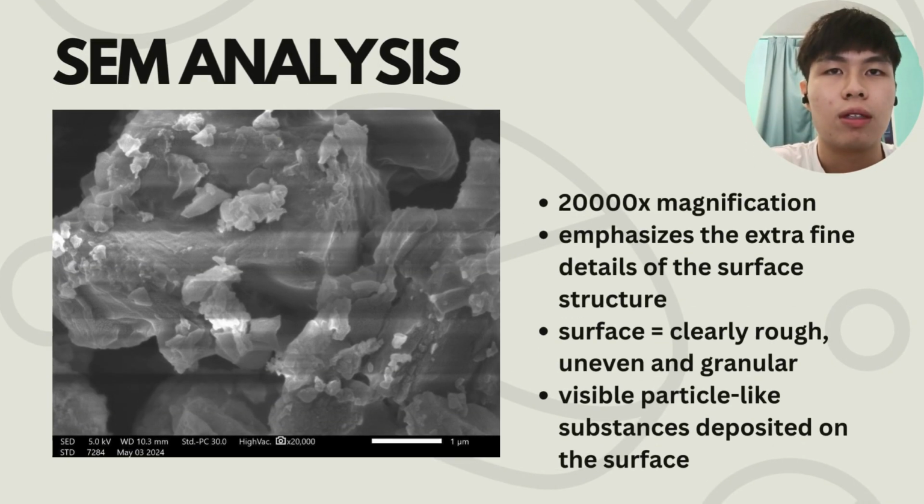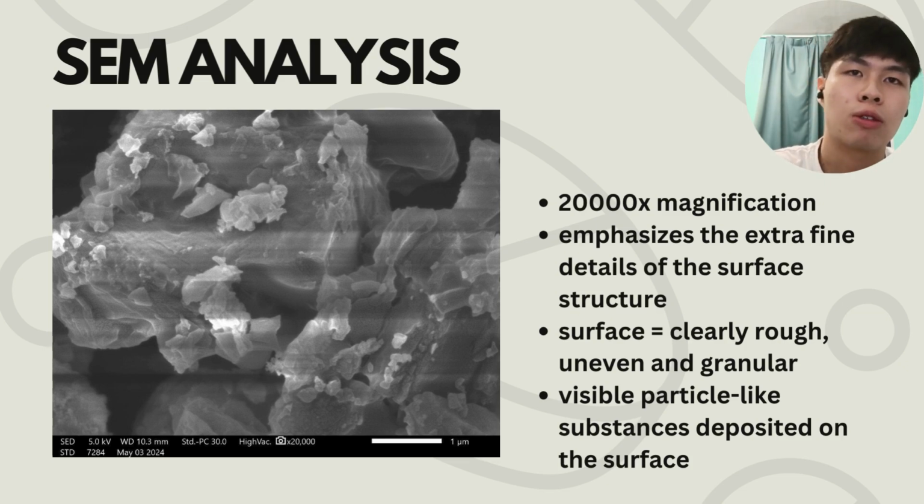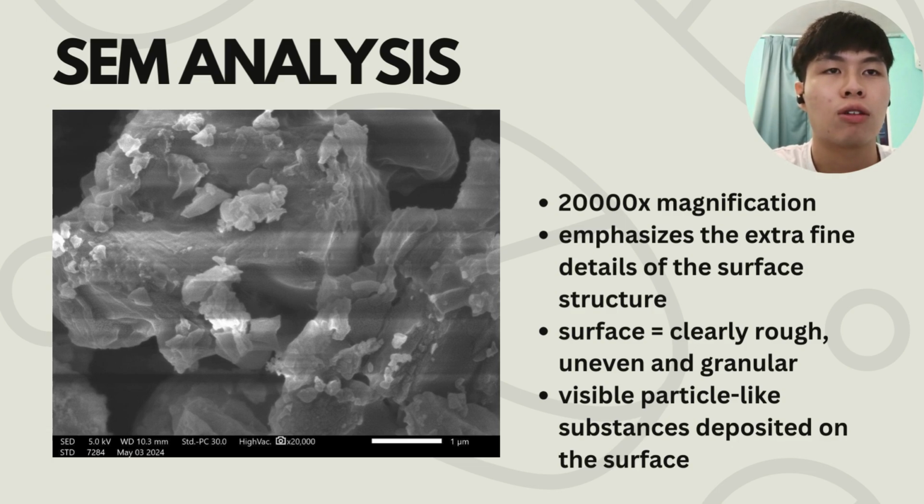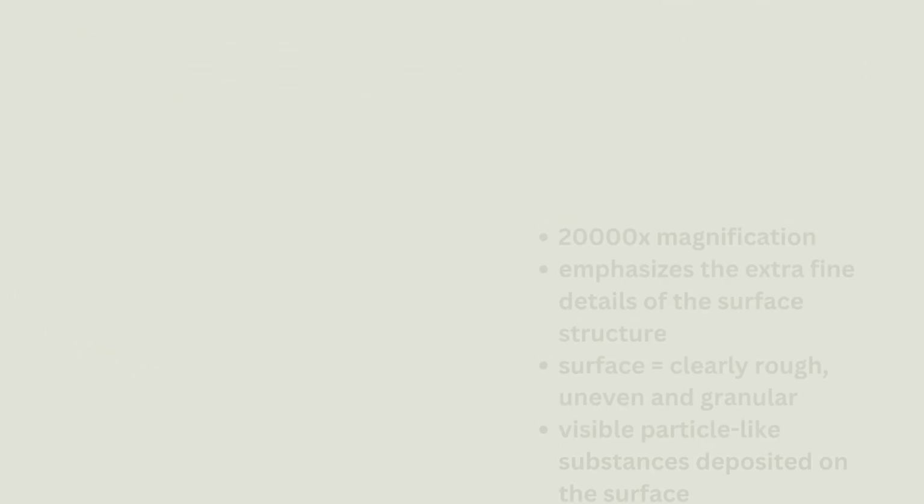The SEM image is captured at 20,000 times magnification as shown in image 3. The scale bar represents 1 micrometer. This image emphasizes the extra fine details of the surface structure. The surface is clearly rough, uneven, and granular, and there are some visible particle-like substances deposited on the surface.